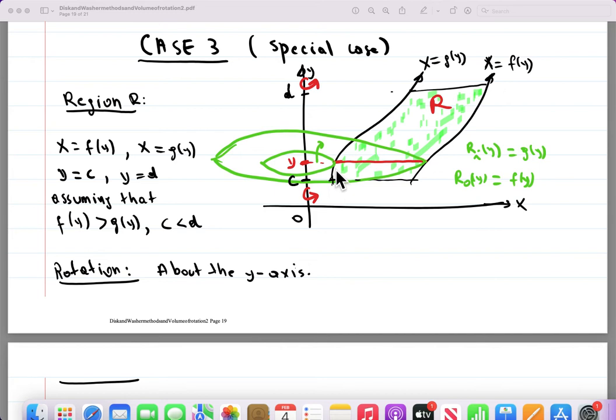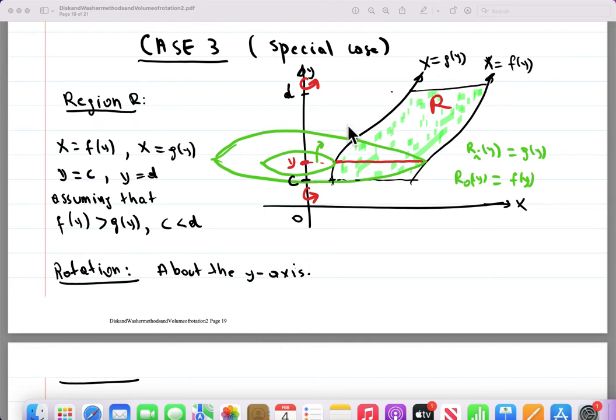Now let's find the radius. The inner radius is the distance from this end of the cross-section line to the line of rotation. At this point the function is g of y, and the y-axis has equation x equals 0.